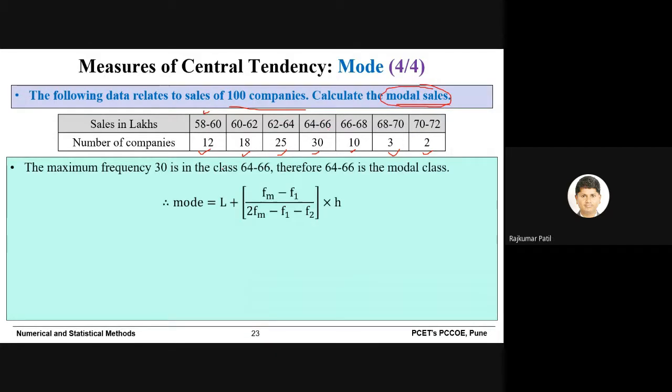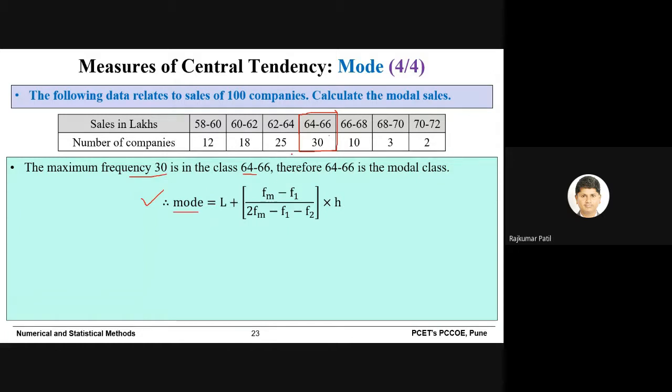So you can see the maximum frequency is 30 for the given data set. For 64 to 66 the frequency is 30, and this is the modal class, and we will be using this formula to calculate the mode.